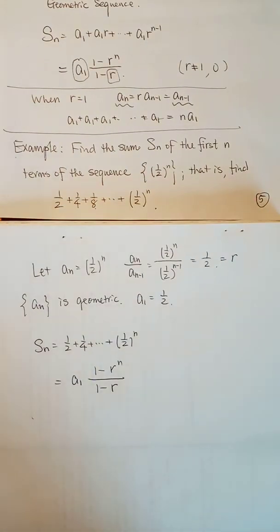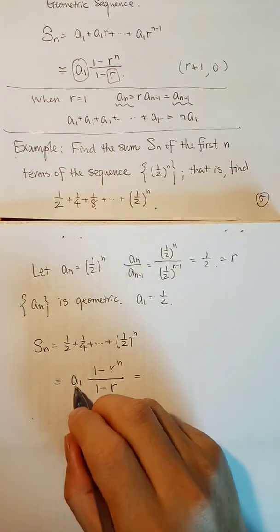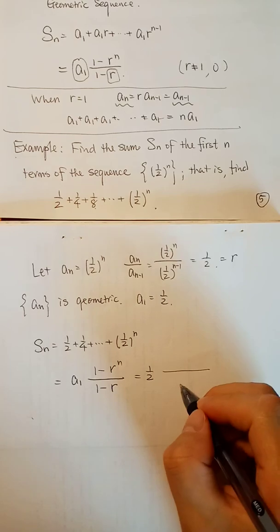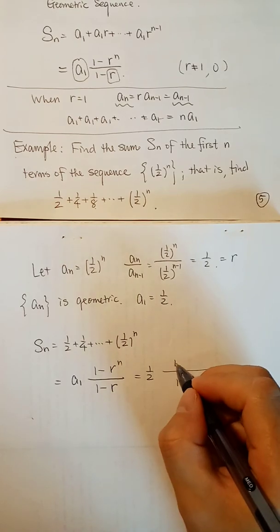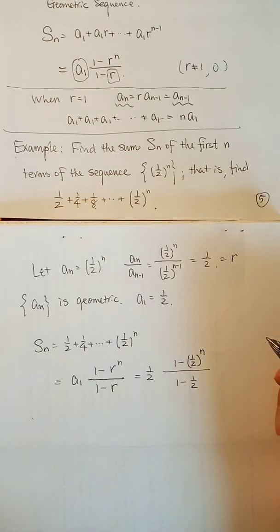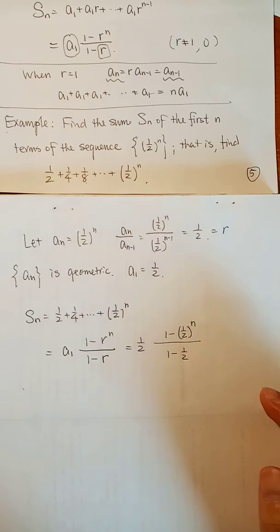I copied the formula here again. So initial term 1/2, over 1 minus r, 1 minus 1/2, times 1 minus r to n. You see, here we have a lot of 1/2, but you have to know what is the meaning of each 1/2.